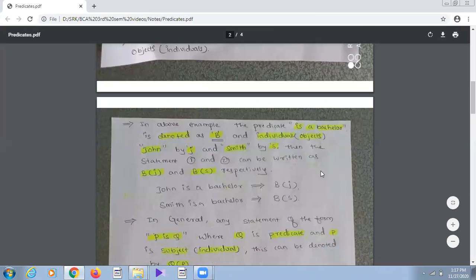Okay, second, see how we will denote these primary statements in predicate logic. Is bachelor we denote as B. You can take any letter from A to Z, but you have to give the capital one. So this is capital B we denoted for is a bachelor.